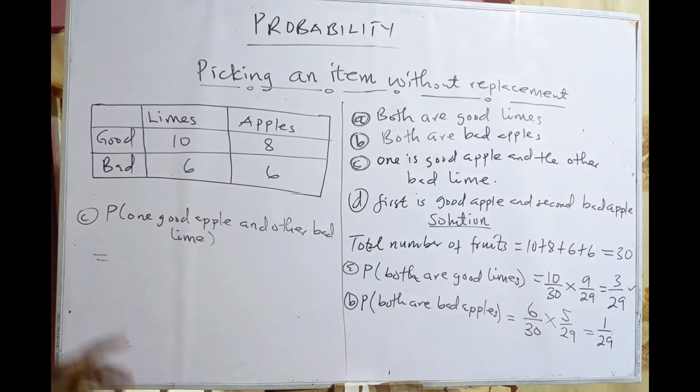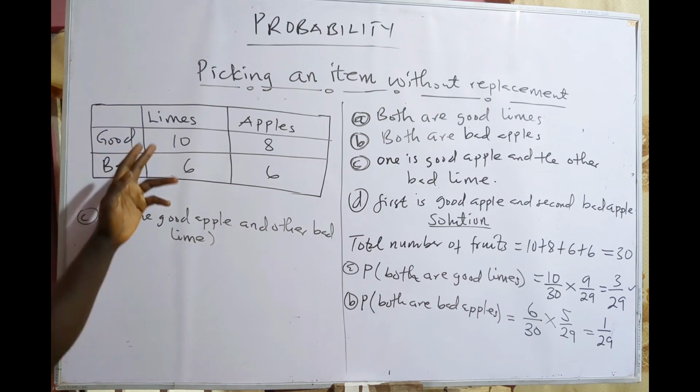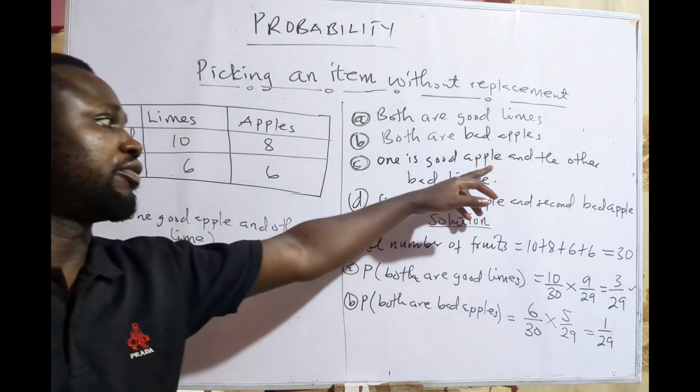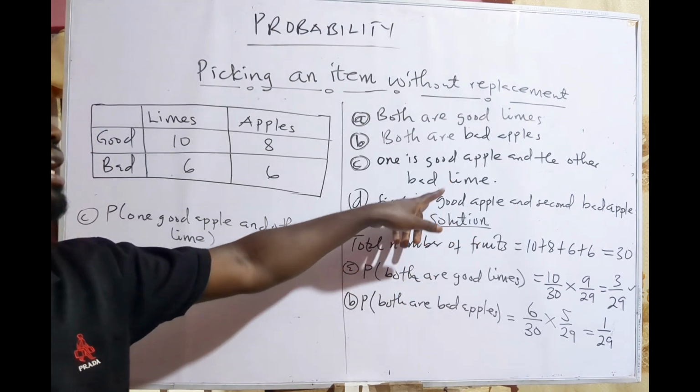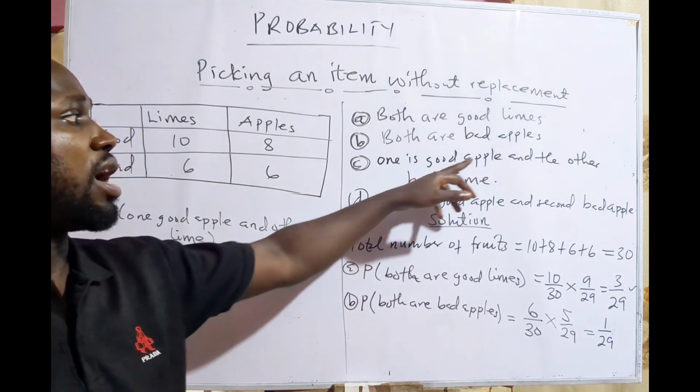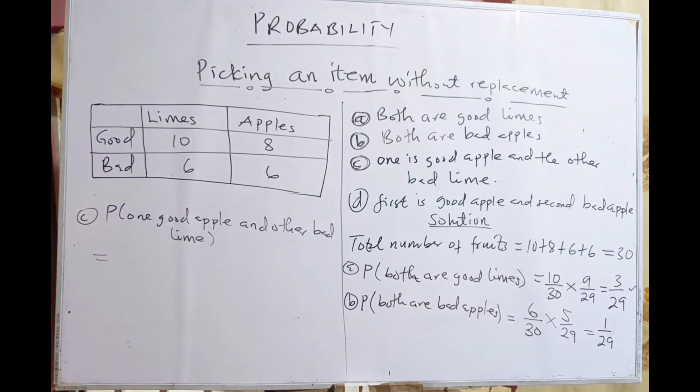So it can happen that when we were picking at random, we pick a good apple first and then a bad lime second, or we pick a bad lime first and then a good apple second. So you have to consider that.